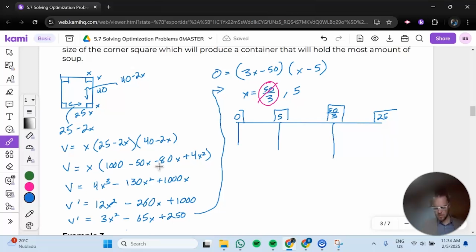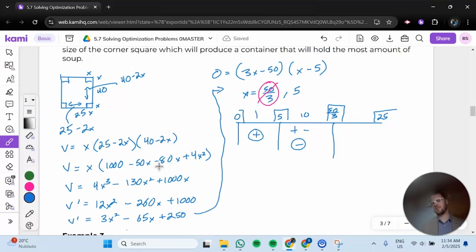Okay, so if I just choose some numbers in there, let's choose 1. If I put in a 1, I'm going to get a negative times a negative, which is positive. Here, if I put in, say, 6, let's do 10. 10's easier. 30 minus 50 is negative, minus 5 is positive, so positive and negative, so that's going to be negative there.